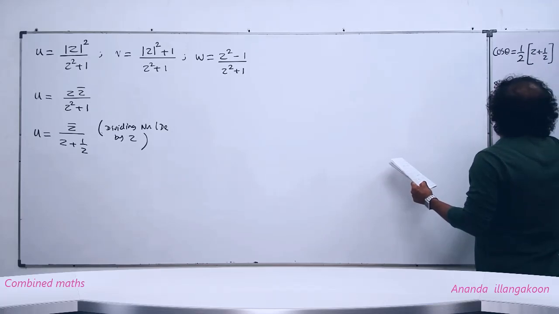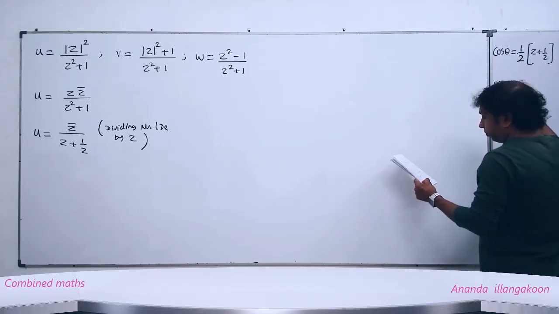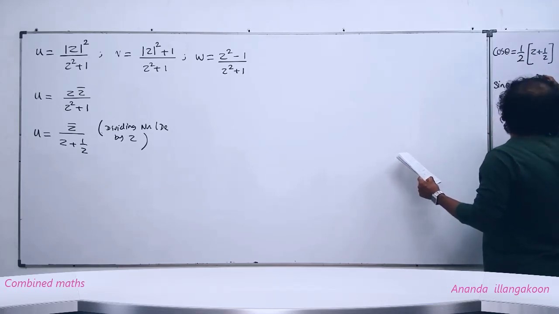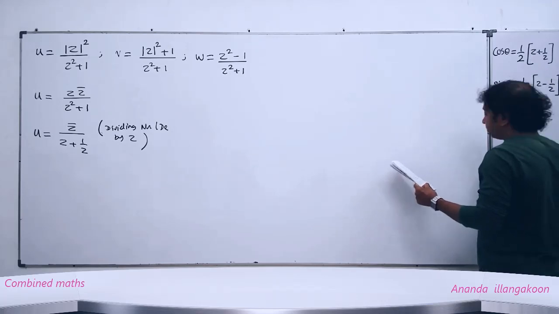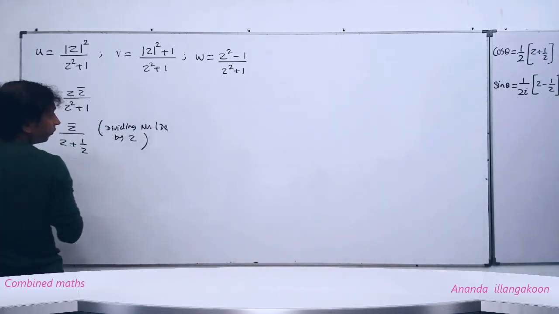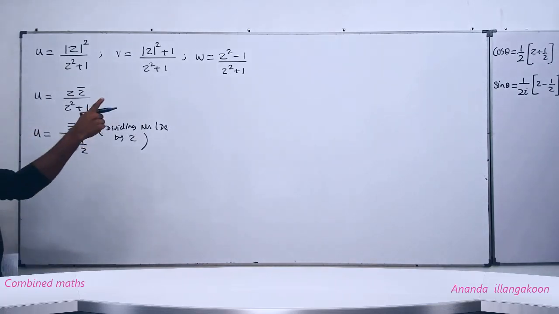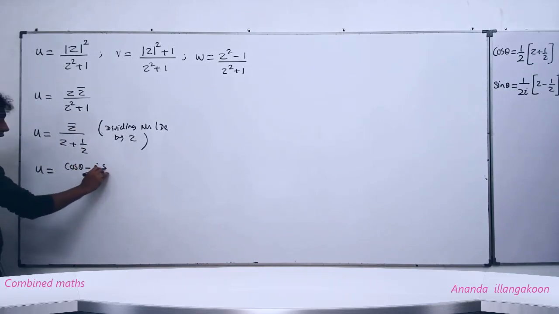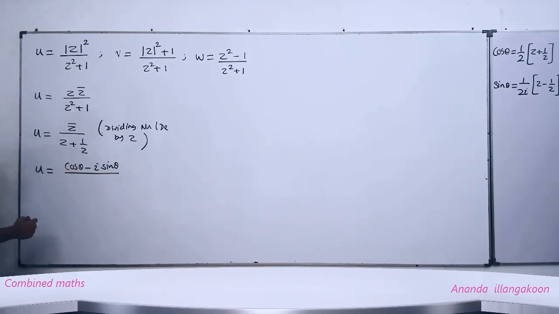Sin theta is 1 upon 2i times z minus 1 upon z, like this. Then z plus 1 upon z is 2 cos theta here. z bar is cos theta minus i sin theta. z plus 1 upon z is 2 cos theta.